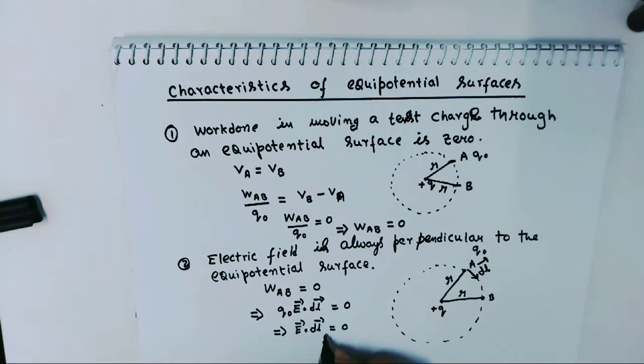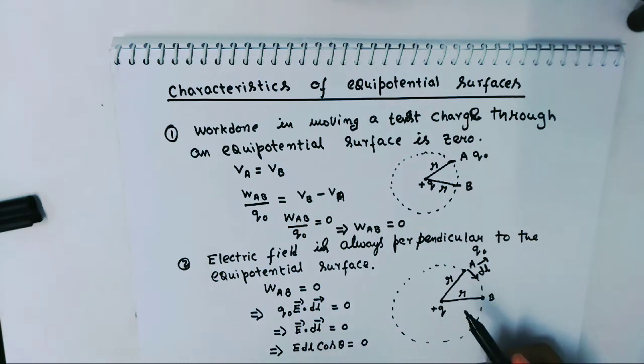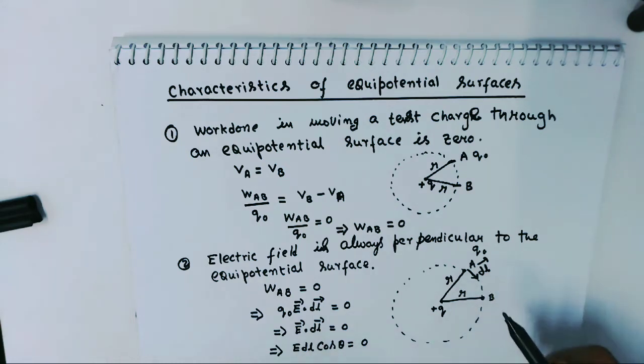E dot dl equal to 0 means E dl cos theta is equal to 0, because if you have two vectors A and B, A dot B is nothing but AB cos theta. Similarly here, E dot dl equal to 0 means E dl cos theta equals 0. E cannot be 0, dl also cannot be 0.